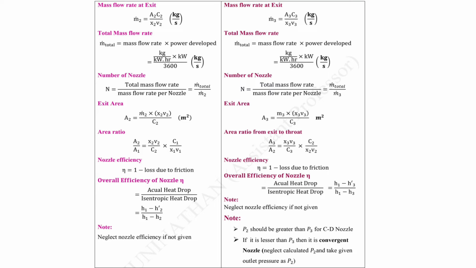The exit area is equal to M2 multiplied with X2 V2 divided by C2. Area ratio A2 divided by A1 is equal to X2 V2 divided by C2. Nozzle efficiency eta is equal to 1 minus loss due to friction. Overall efficiency is actual heat drop divided by isentropic heat drop. Note, neglect nozzle efficiency if not given.